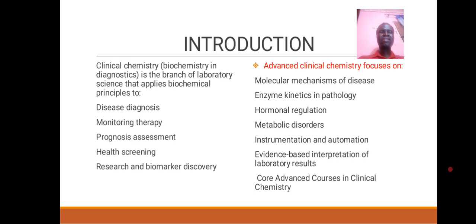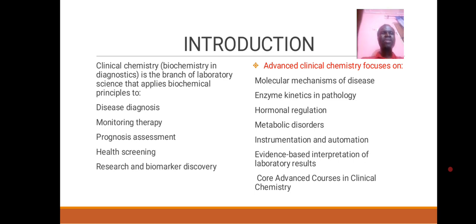Prognosis, you are checking what is the outcome of the disease. For us to say a patient has a good prognosis, it all depends on your results and how the condition is being monitored.